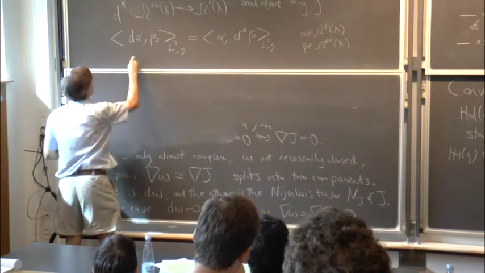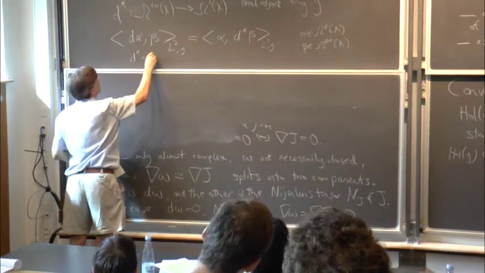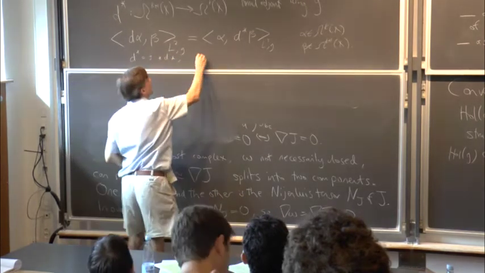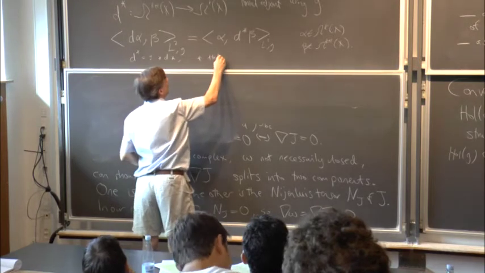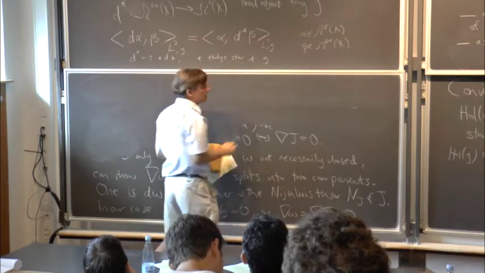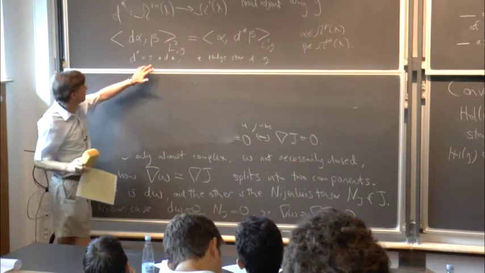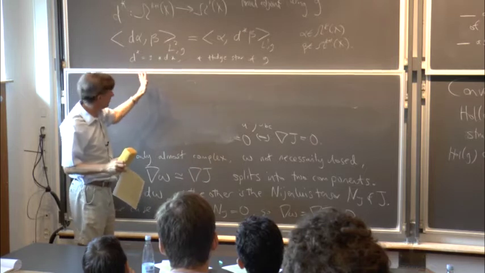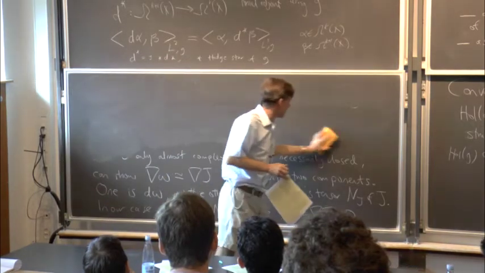In fact, d* is plus or minus star d star, where star is the Hodge star of g. Actually, you need an orientation to define a Hodge star, but because the Hodge star appears twice here, the dependence on the orientation goes away.